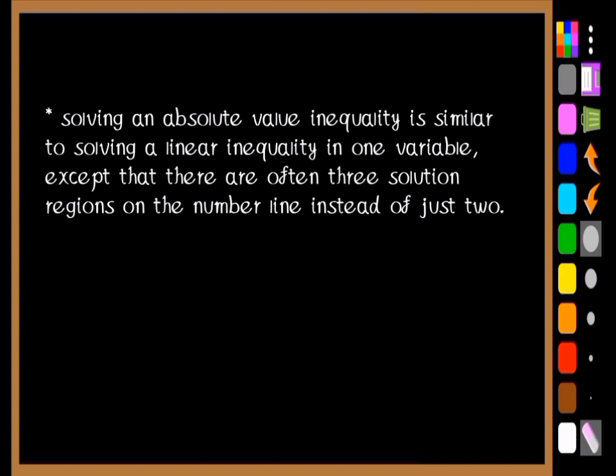For example, our equation is the absolute value of v is equal to 6. First, break the problem into two equations since the quantity inside the absolute value can be positive or negative.